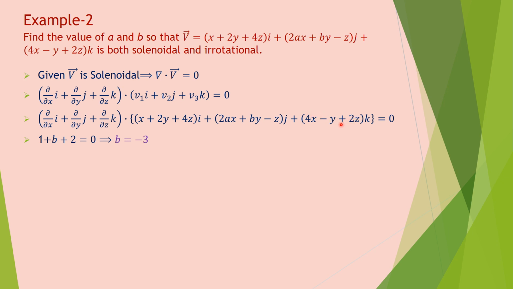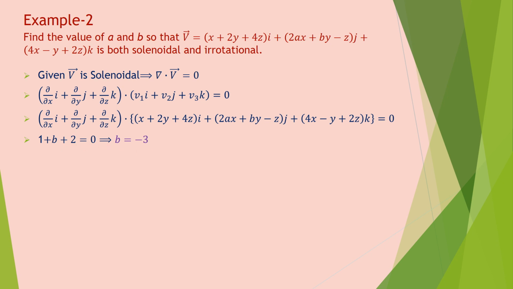Here only z is variable, 2z is here, its derivative is 2. 4x is constant since we are partially differentiating with respect to z, and minus y is constant, so the derivative of a constant is 0. So the derivative of 2z is 2. So we get 1 plus b plus 2 equal to 0, which means b equals minus 3.